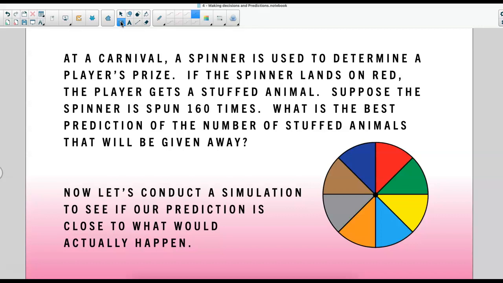If you spun the spinner a few times, what's the probability of landing on red? 1/8, 1 out of the 8 are red. How many times did they spin the spinner? 160. So we put 160 on the bottom, x on the top, and we solve this. What do you get, Ellie? You would expect to win a prize 20 times.